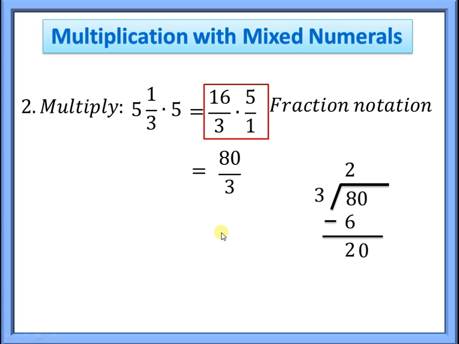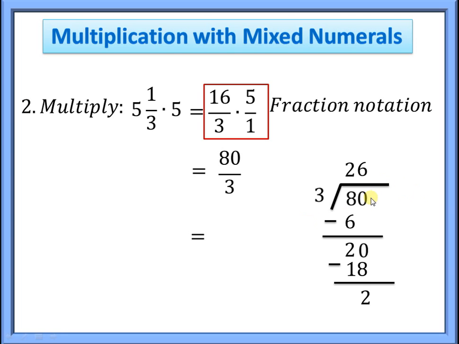Now we can divide 20 by 3. How many 3s can we get from 20? We have 6. Multiply back 6 times 3, we have 18. So subtract it, and we have 2.